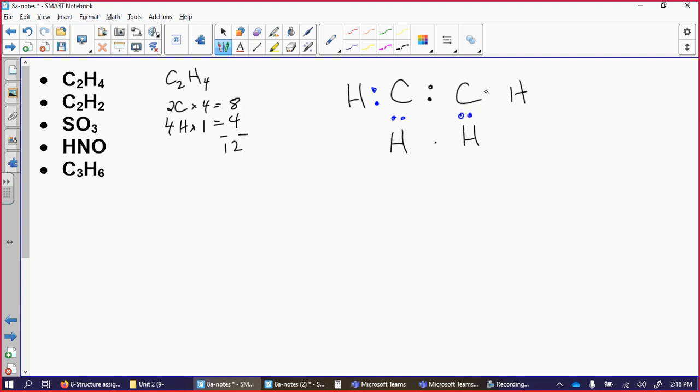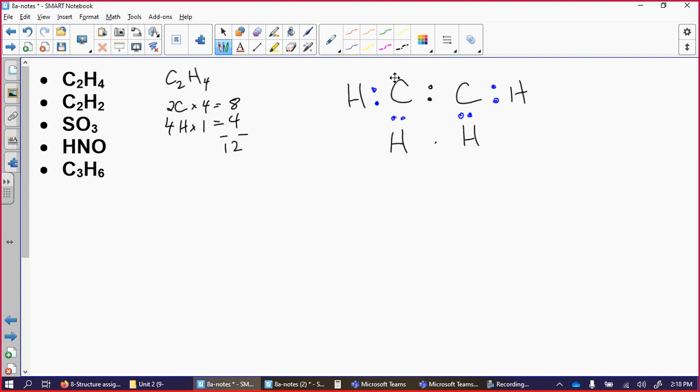2, that makes a bond. 2, that makes a bond. So the hydrogens are all happy. The carbons now each have how many? 6. So in total you've got 2, 4, 6, 8, 10.